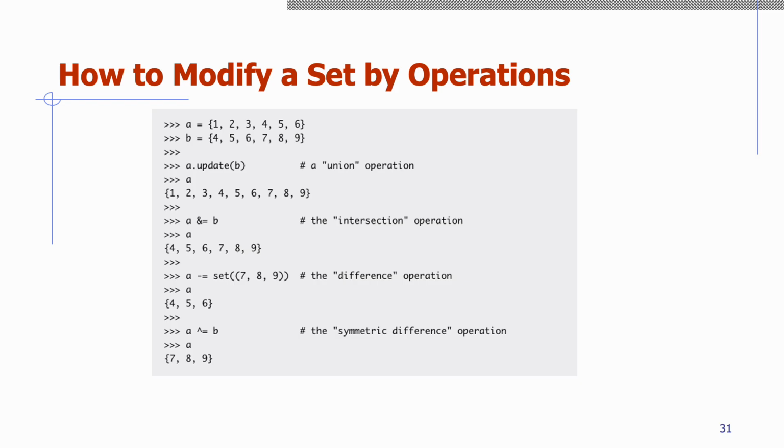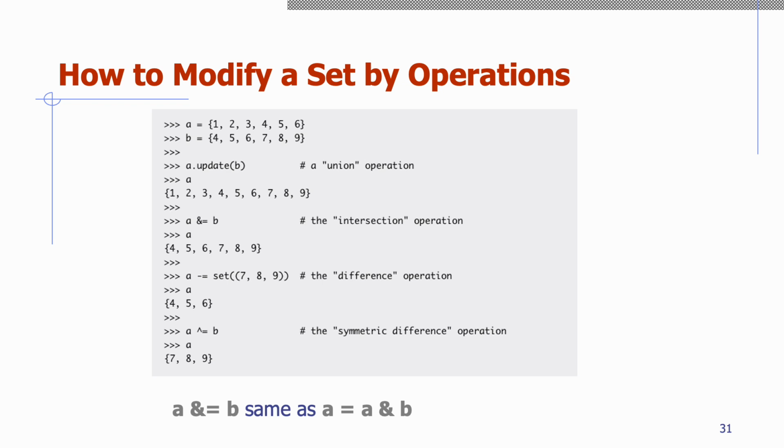Basically, it's a union operation without duplicates. We have A and-equal B, meaning the intersection operation, and it's the same as A equals A and B.